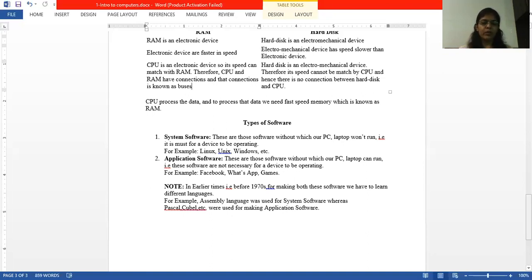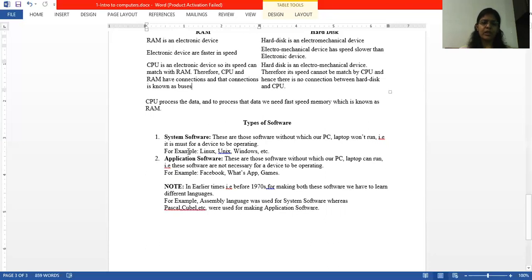So what is system software? System software is needed for our PC because without the help of system software, we can't run our PC or laptop. Its examples are Linux, Unix, and Windows. You cannot imagine your PC without an operating system, or your phone without the Android operating system.